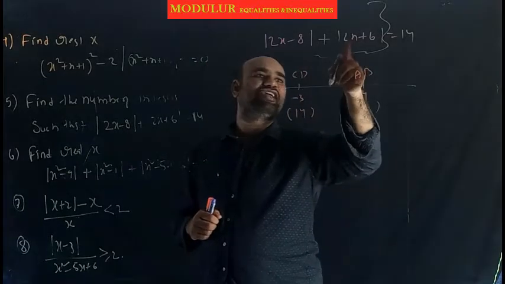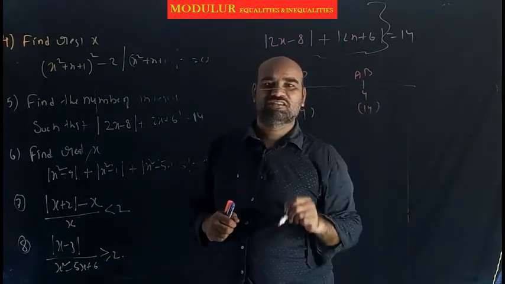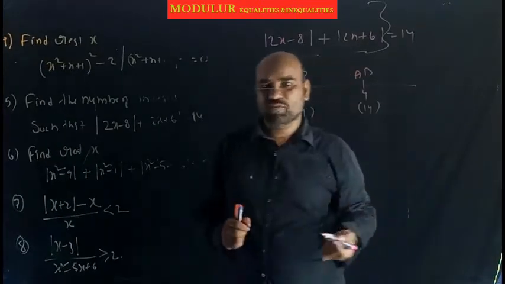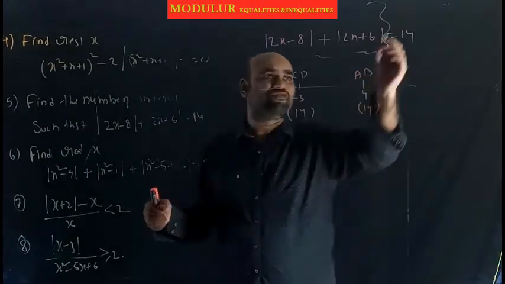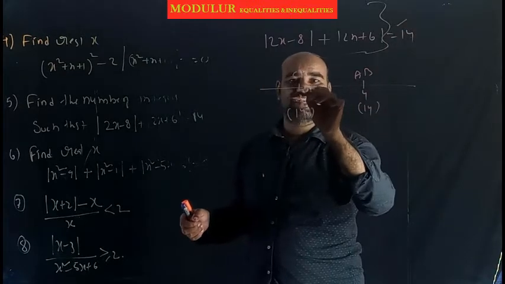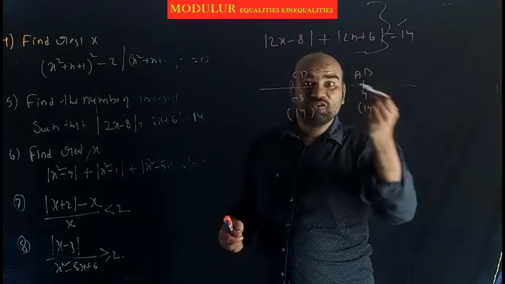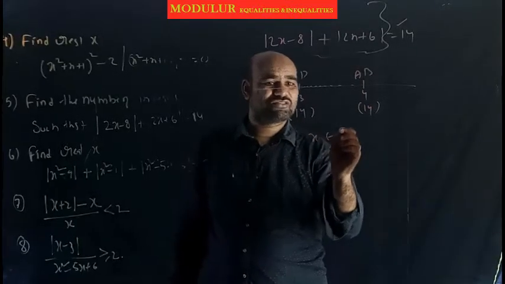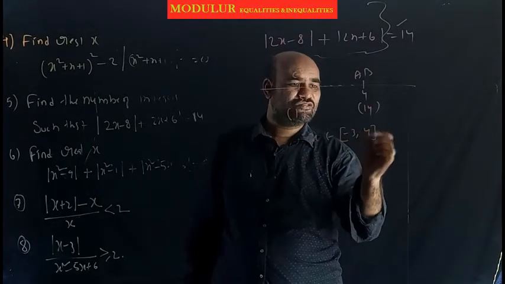This is 0, 8 plus 6, 14. Understood? The minimum total distance traveled by all the 4 members is nothing but 14. So you want 14 only, no? Means any x from minus 3 to 4, including minus 3 and 4. Therefore, x belongs to closed interval minus 3 to 4.